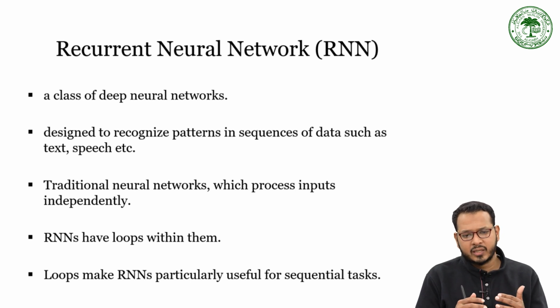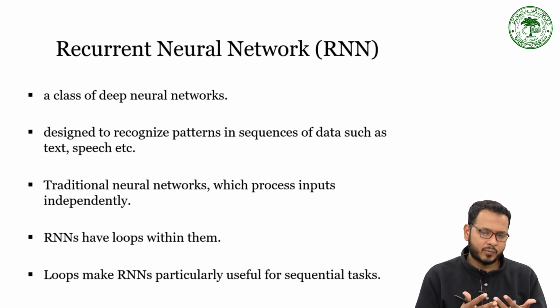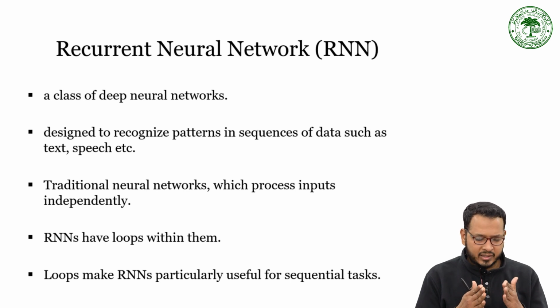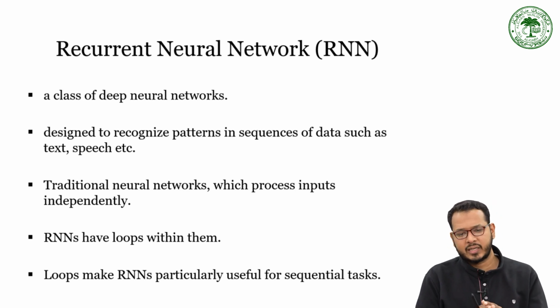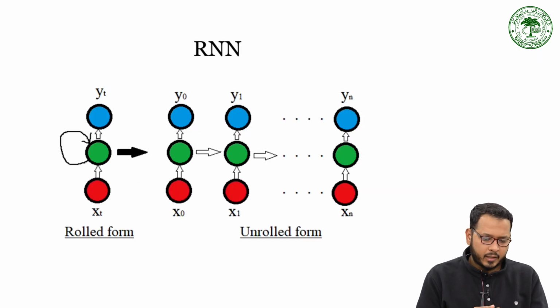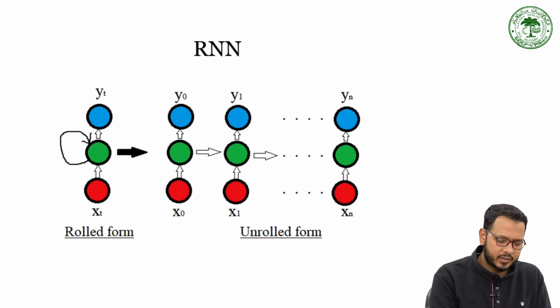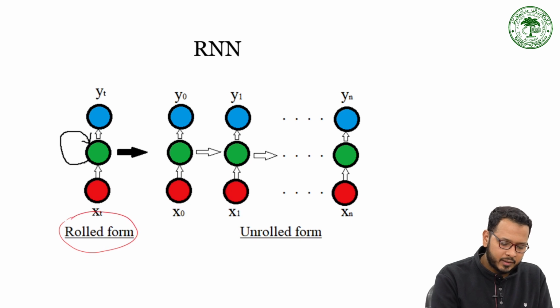So let's see how they look and how they do the processing, where they store the input and then forward it to the next output. Often you will find that RNNs are represented like this. The first one is a rolled form, where this is the main processing neuron.